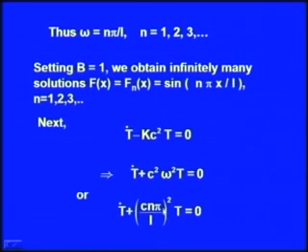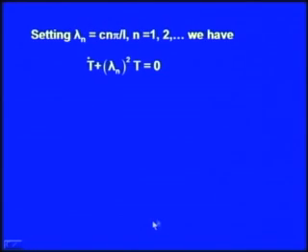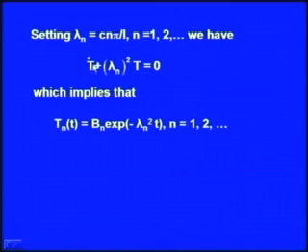Now, for convenience, c n pi over L we are denoting by lambda n. So, let lambda n denote c n pi over L for n equal to 1, 2, 3 and so on. We may write the resulting differential equation as T dot plus lambda n square into T equal to 0, which implies that we can now separate the variables here. dT over T equal to minus lambda n square into dt.